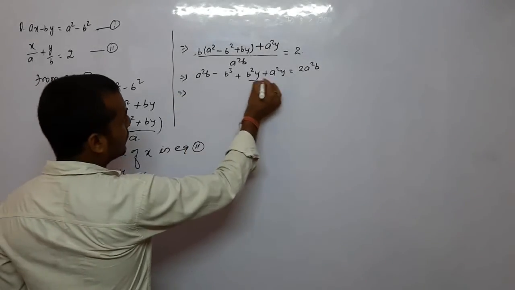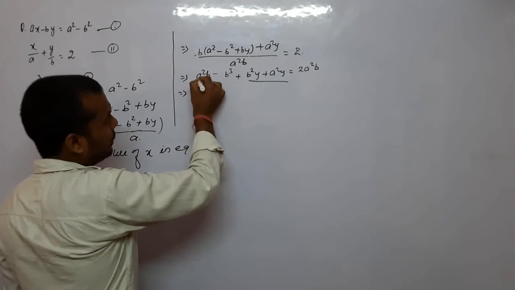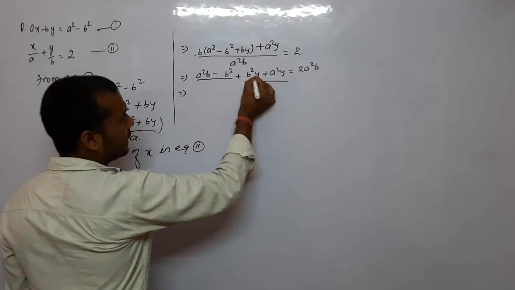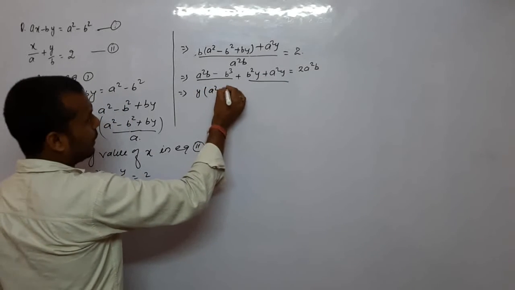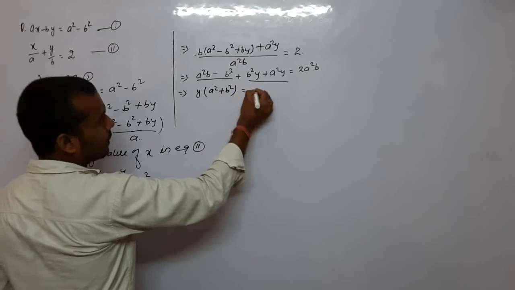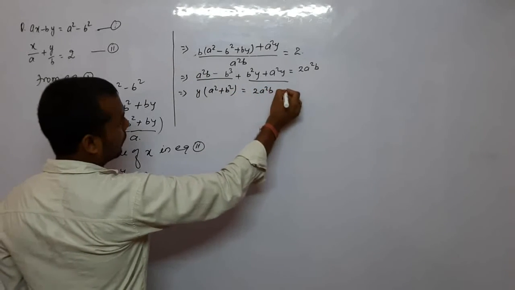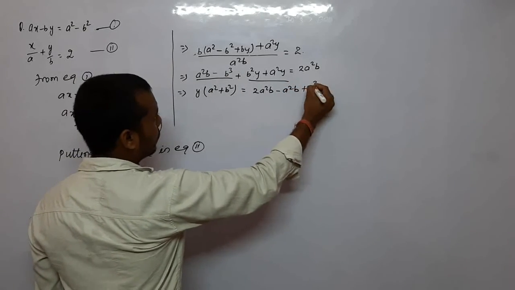Now just leave these two terms on the LHS and interchange these two terms to your RHS and take y in common in both of them. So y into a square plus b square equal to 2a square b, this will come a square b minus, and it will be plus b cube.